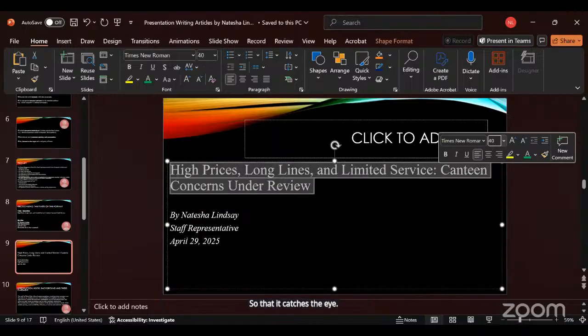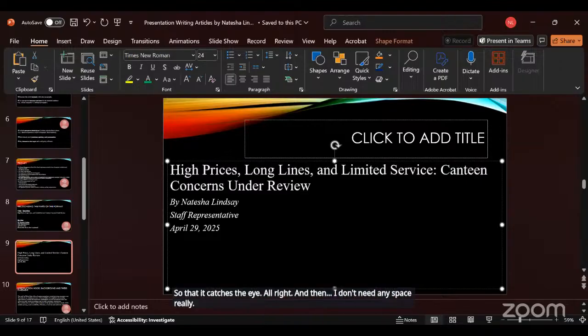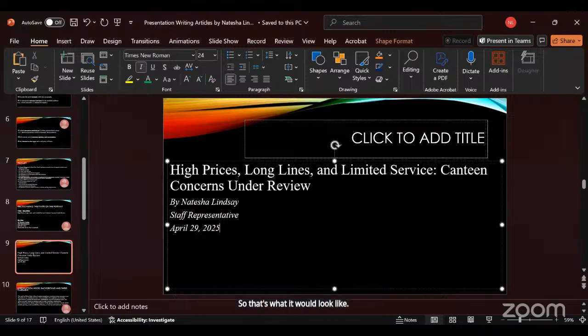And then I don't need any space really. So that's what it would look like. And then I continue now with my introduction, body paragraphs, and conclusion. So that's what we would have.